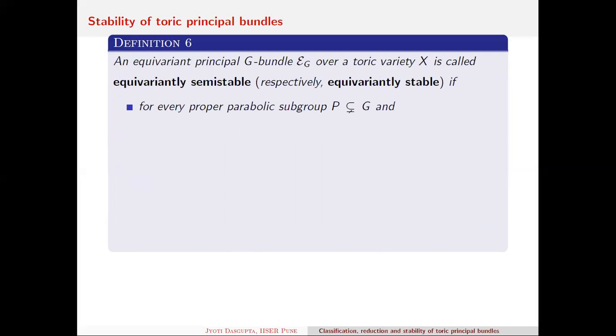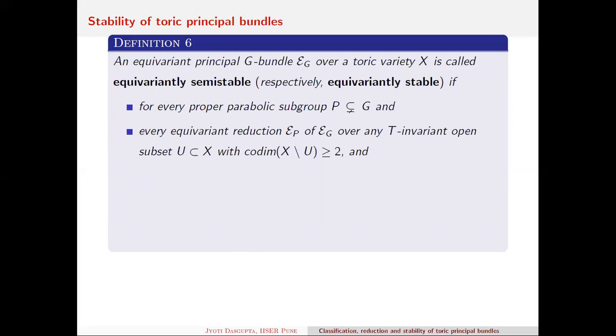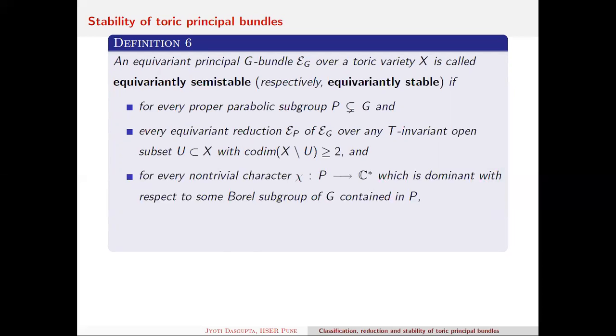So if for every proper parabolic subgroup P of G, and for every equivariant reduction E_P of E_G over any invariant open subset U of X, such that the complement of the open subset has codimension greater than or equal to 2, and if we have this parabolic subgroup, then for every non-trivial character of this parabolic, which is dominant with respect to some Borel subgroup contained in that parabolic, we consider the associated line bundle E_P(chi).